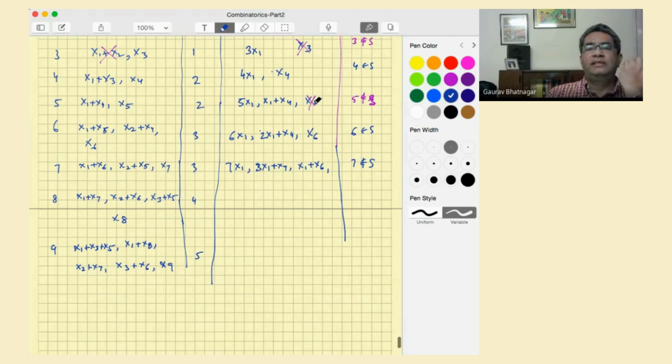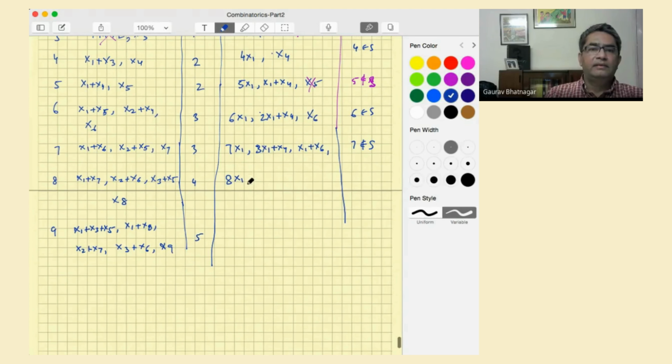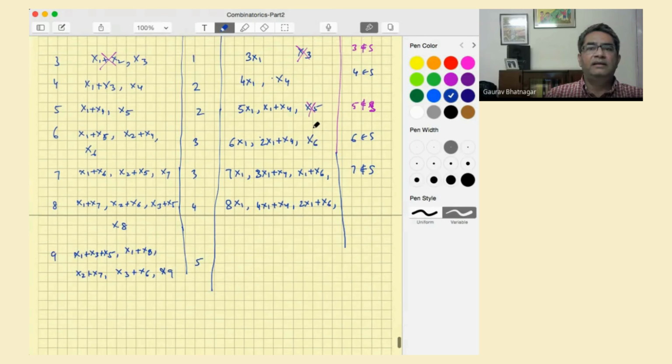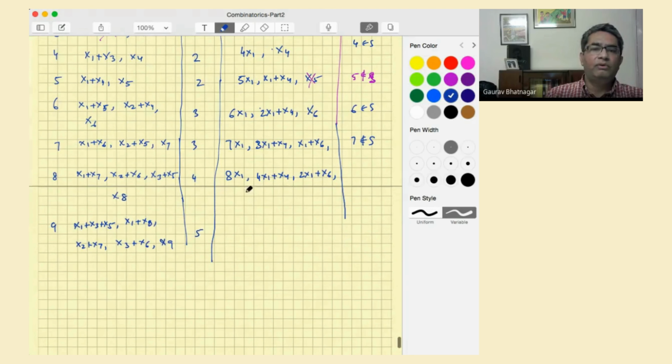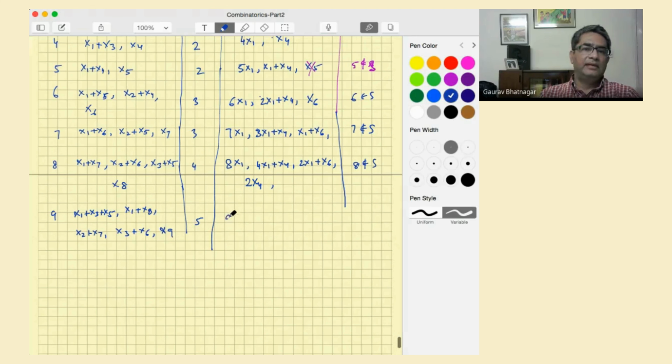Again, x2 plus, there is nothing here. x3 plus I can't do, because x3 is not there. 8x1, 4x1 plus x4, 2x1 plus x6. x2 plus x6 I can't get, x3 plus this I can't get, but I can get 2x4. And again, that means that I don't get 8. All these 4 are done.